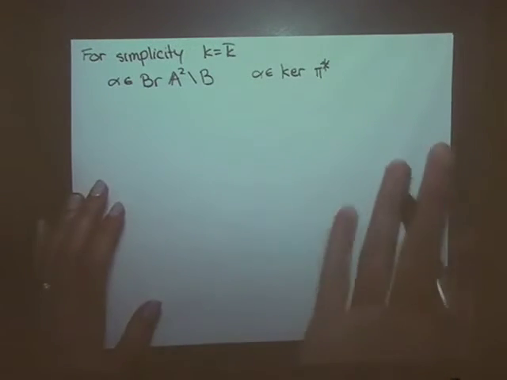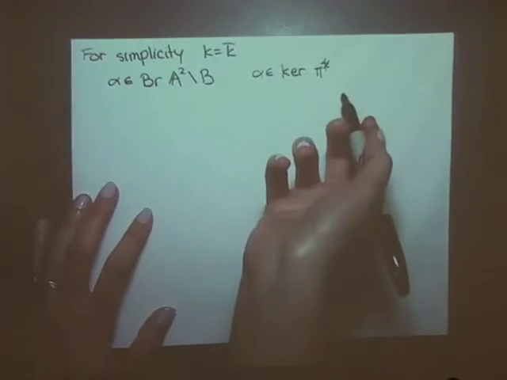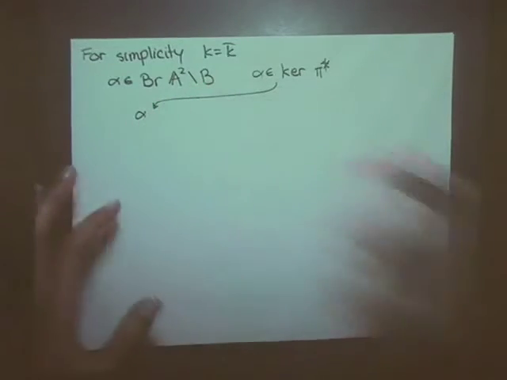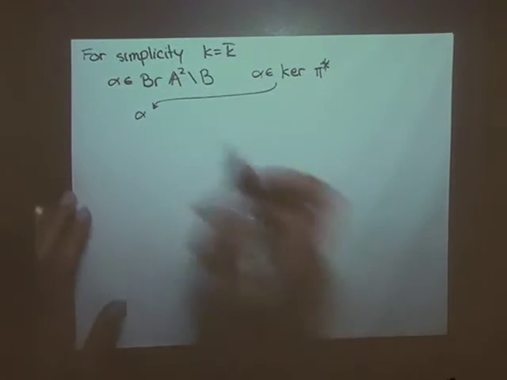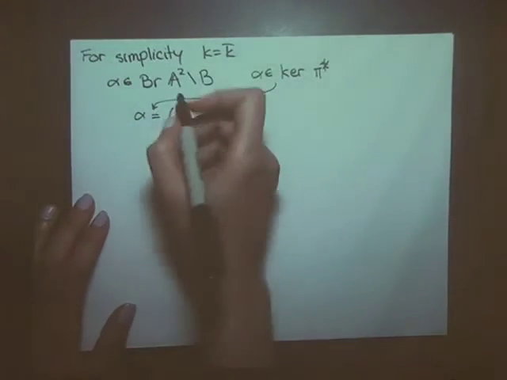So what does it mean to be in the kernel of pi upper star? Well, we know exactly what these things look like, right? By our tools. Okay, I'll come back to this. This is a cyclic extension. Everything that's killed by the cyclic extension has this form, this sigma comma b. I'm going to write it as a quaternion algebra because a quaternion algebra has exactly one non-trivial element.